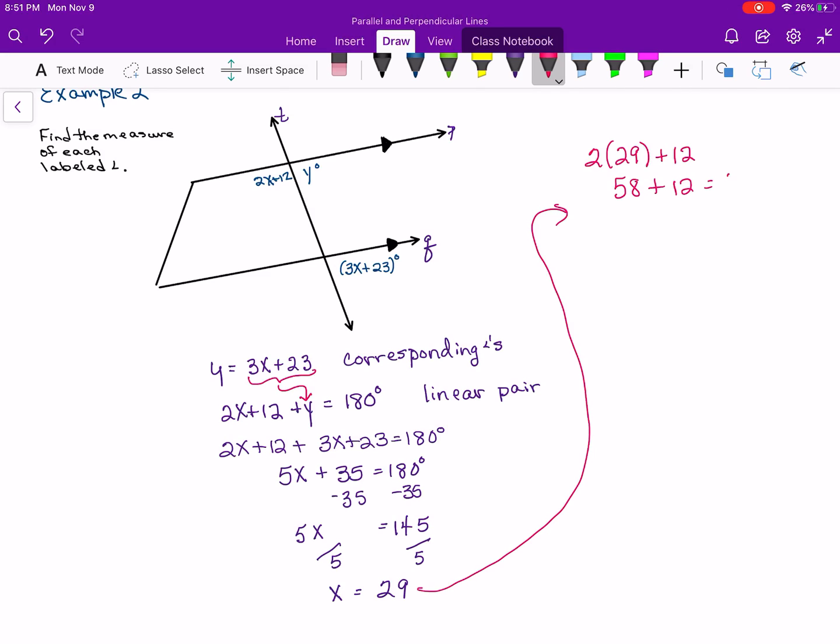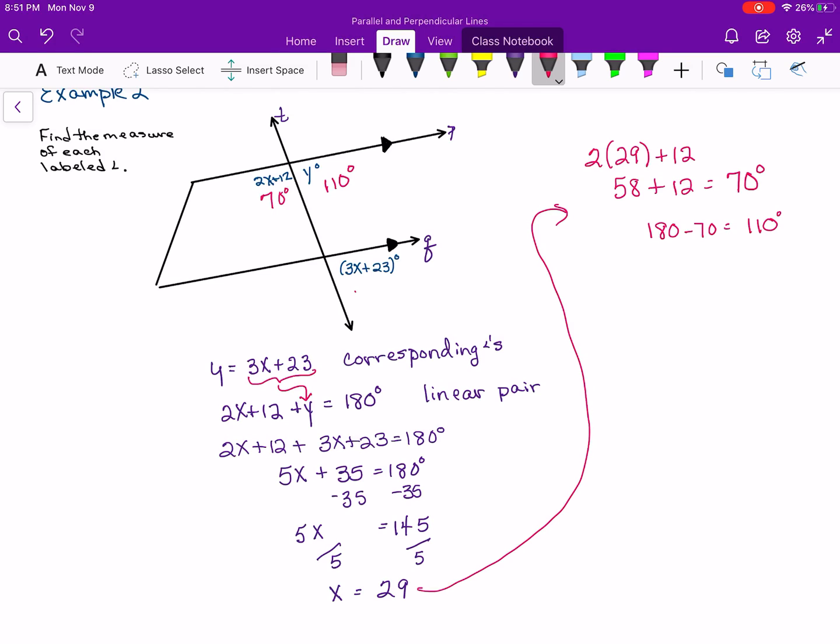Plus 12, we have a 70-degree angle. And I can label the picture. Since that angle and the y are supplementary, that means the other side is 180 minus 70, or 110 degrees. That's our y.